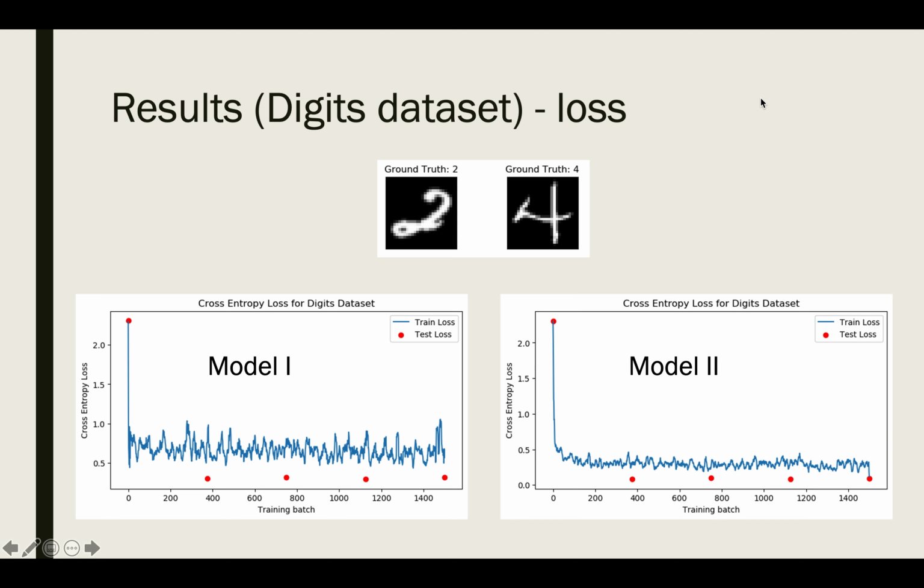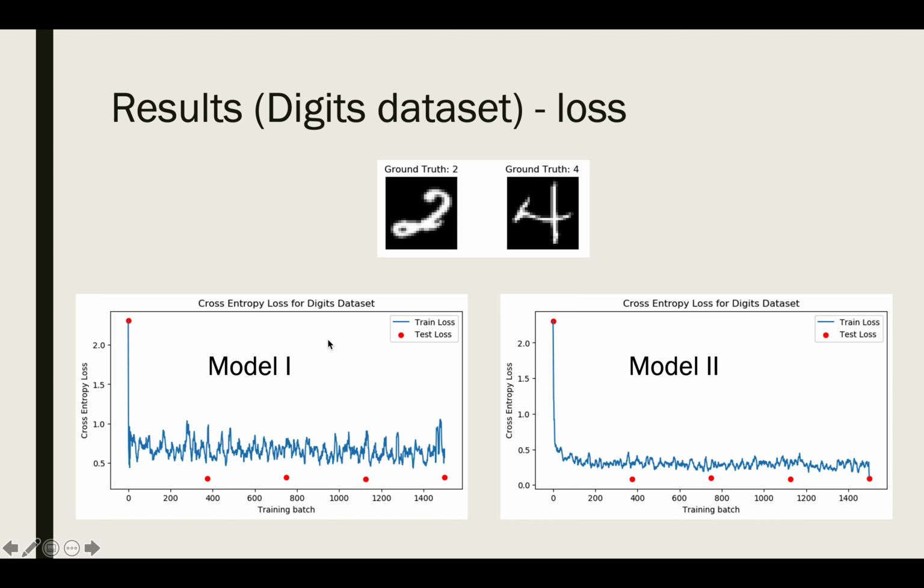We have applied these two models to different classes of the dataset. The first class of the dataset is the digits part, and here we can see a sample of the data that we have in this part of the dataset.